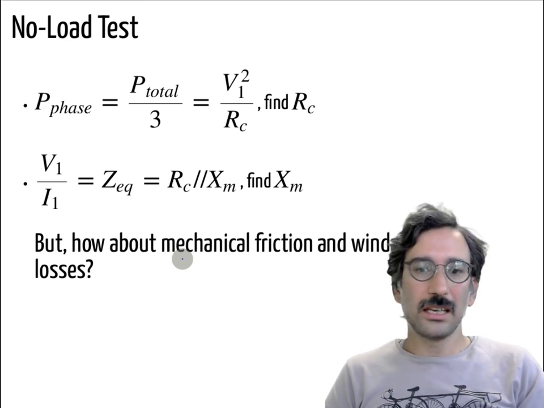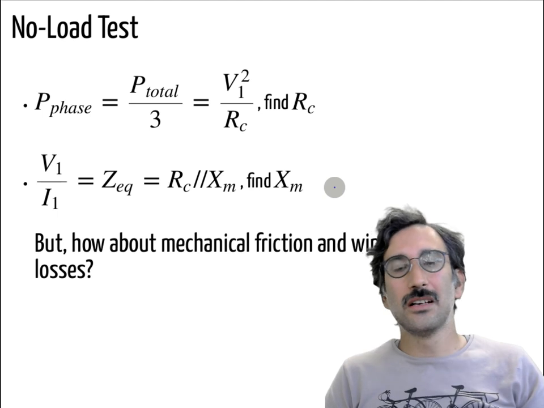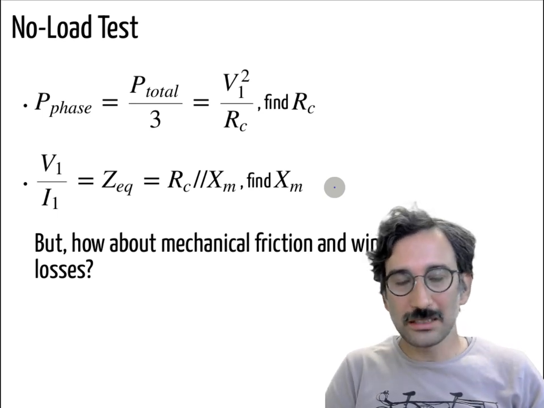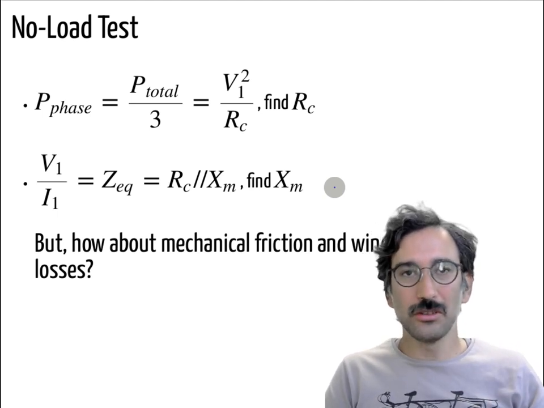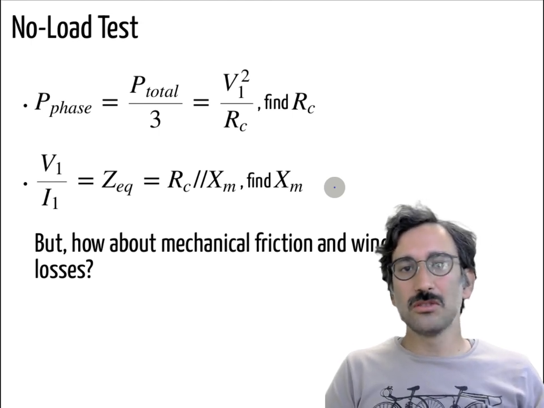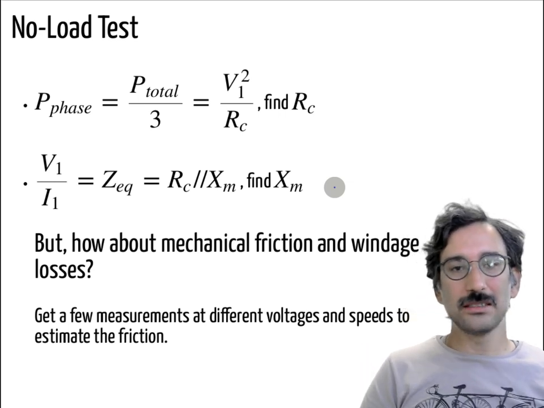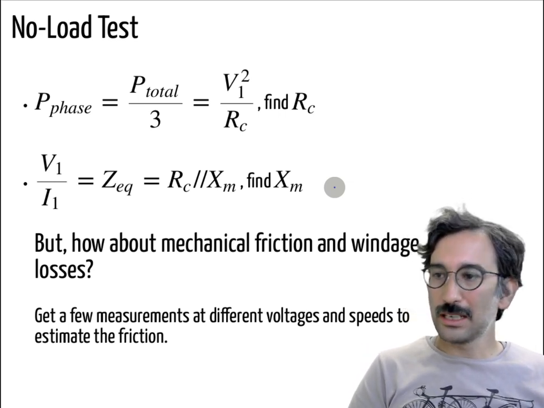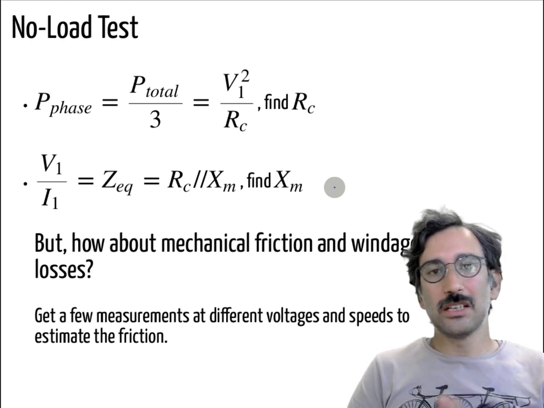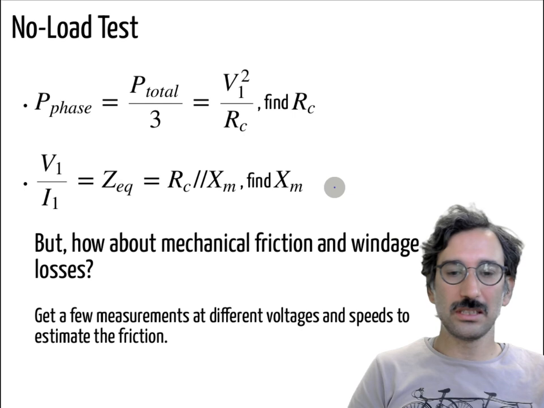Mechanical friction and windage losses are always there, so slip is not ideally 0. It's a really small number, but it should be larger than 0. In actual cases, in factories or in experiments, you can run the motor at different voltages and different frequencies.